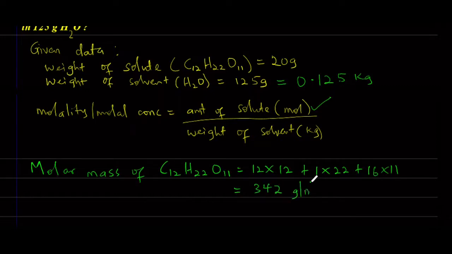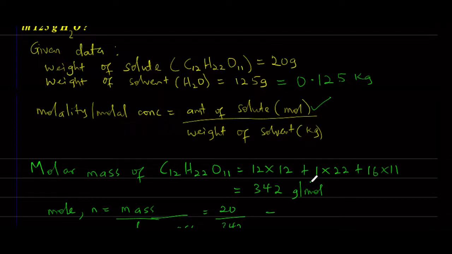per mole. Since we have gotten the molar mass, we can now solve for the mole, which is given as mass over molar mass. So with this, we can solve for it by writing mass of the solute is 20 gram over molar mass, whose value is 342 gram.